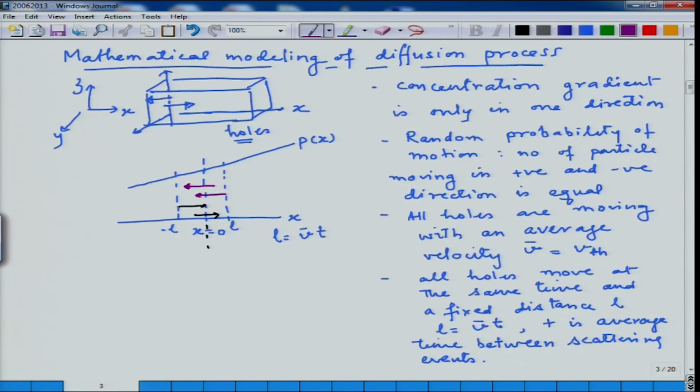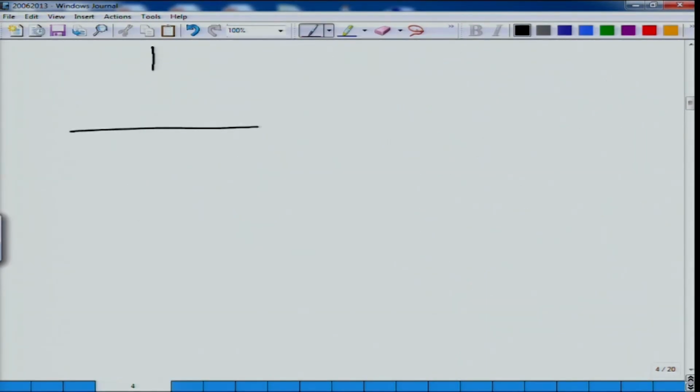Now let us look at how the carriers are moving across this boundary at x equal to 0. We are looking at the movement of carriers across x equal to 0 from the length on both sides equivalent to the mean free path length.